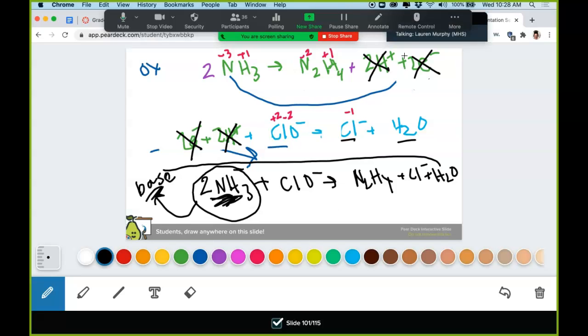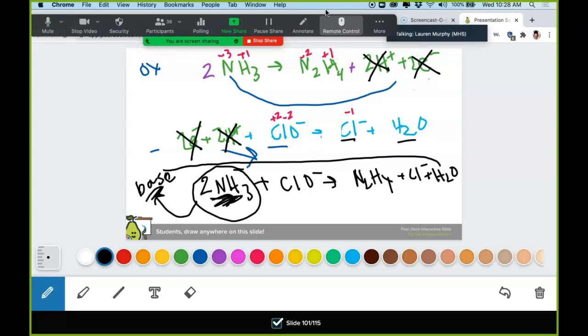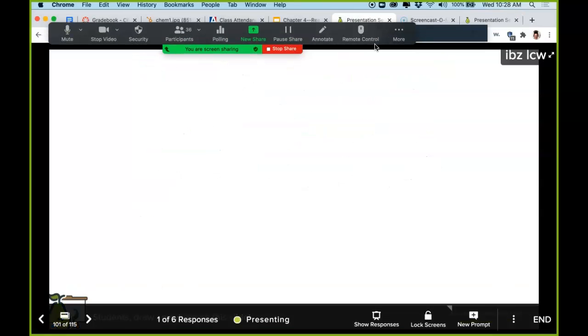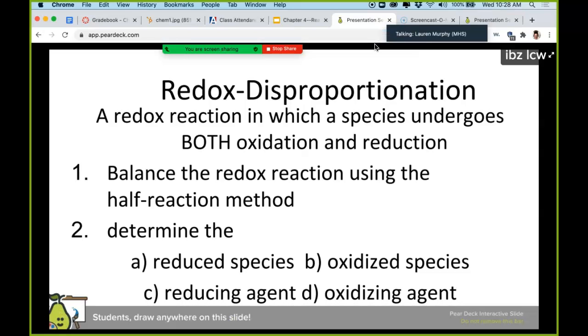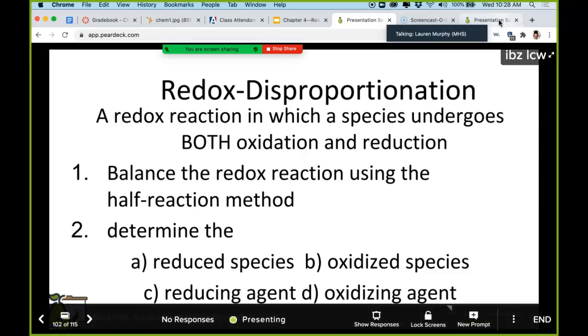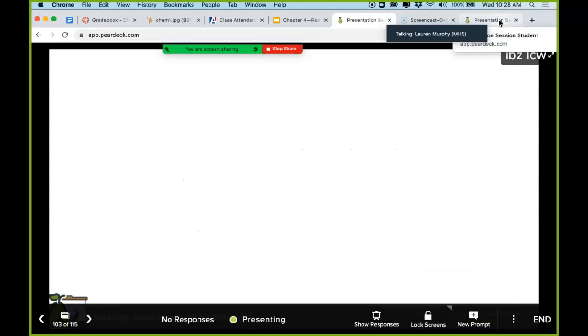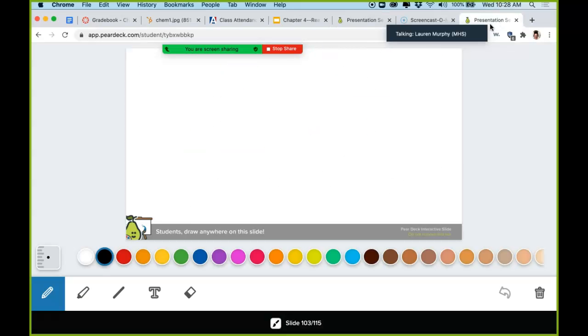Okay, so, all right, disproportionation is a redox reaction where the same species undergoes both oxidation and reduction. It's kind of crazy. So I'm going to give you an example of a disproportionation reaction. Now, I would like you to please balance this by what's called inspection.